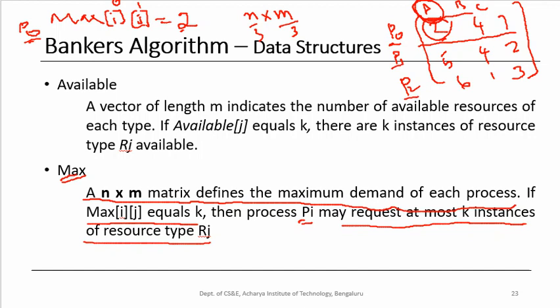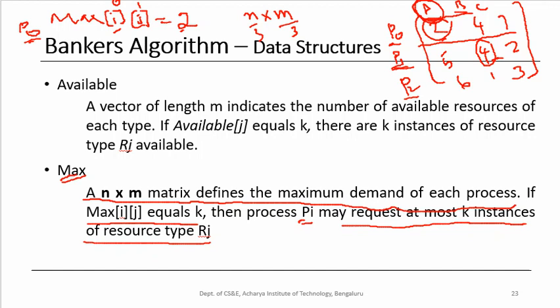So for example, if I write max of 1, 2, the value of i is 1 and the value of j is 2, so that means it is 4. So the maximum requirement or demand of process P1 is 4 instances of resource type B. So that's the meaning. I hope you have understood.